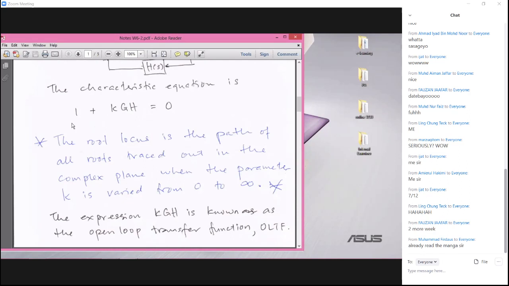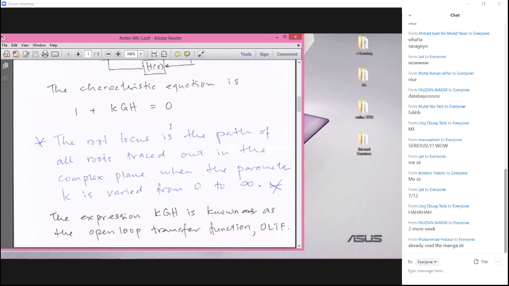This expression is in the form of the complex variable s. On a complex plane, a complex number will have what we call magnitude and angle. If you remember correctly, when you learned about complex numbers, you can represent a complex number in terms of the real part and imaginary part. Alternatively, you can present the complex number in terms of their magnitude and their angle.